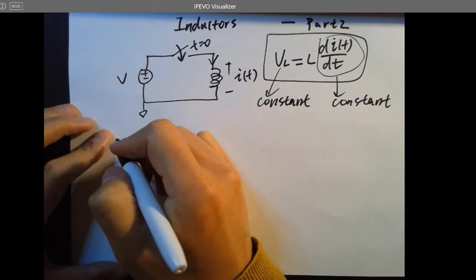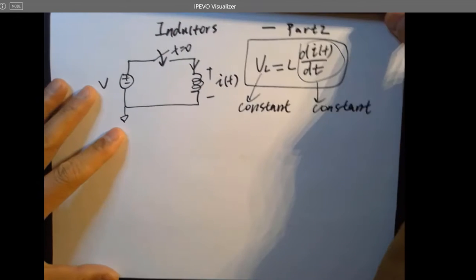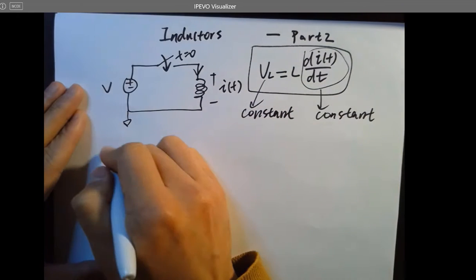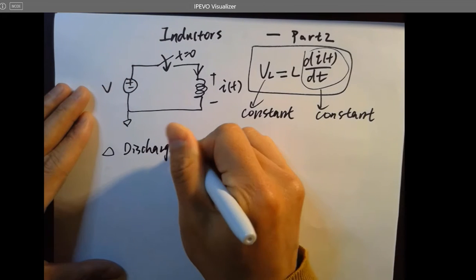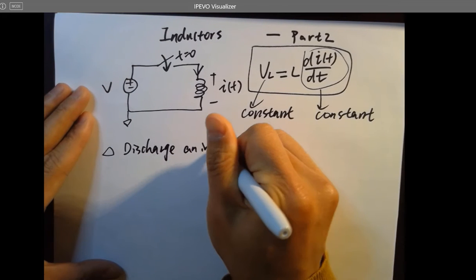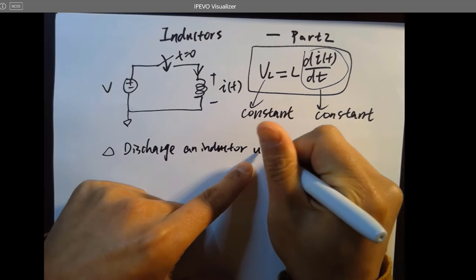And there are several examples to look at the details of the behavior of the inductor. For example, first, let's discharge an inductor using a resistor.